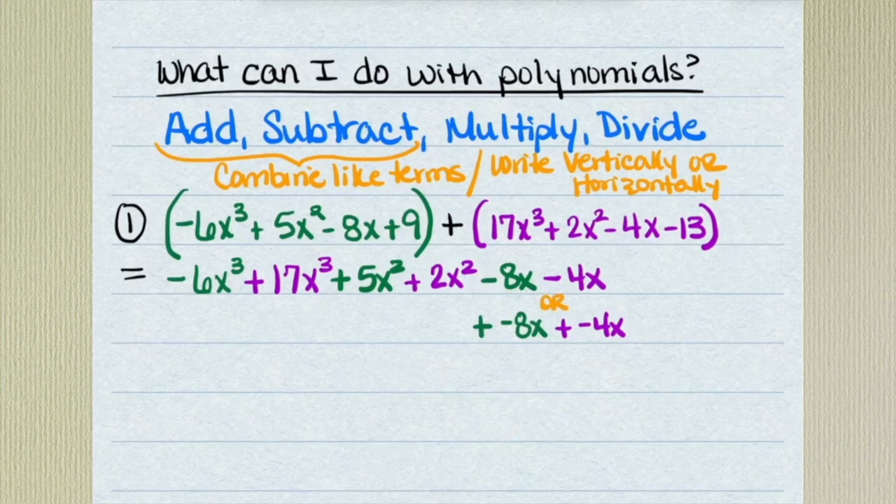And then I'm going to add my constants. I have my 9 and my negative 13. So that's going to be plus 9 and then minus 13. And again, you could have written this as plus 9, and then plus negative 13. Some people like having the sign right next to the number because it helps you see that you're actually adding or subtracting negative numbers.